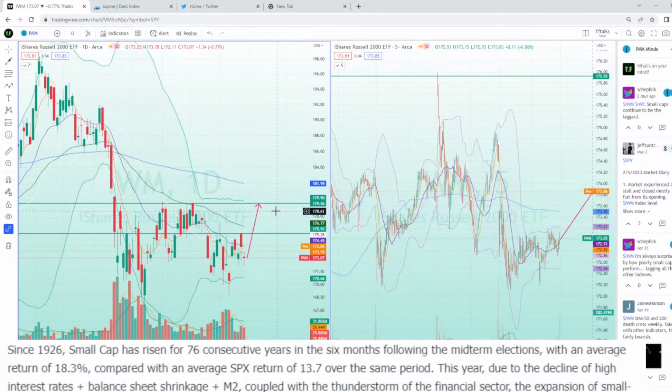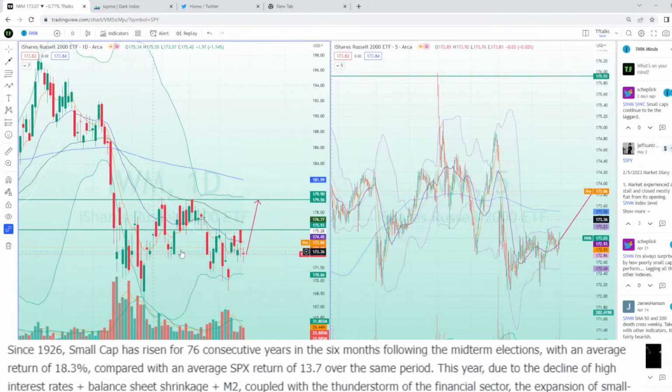For small caps, it's easily 20%, 30% in one day. I'm going to watch this ETF until it breaks 180, and at that time I will share what kind of underlying equities I'm looking for.